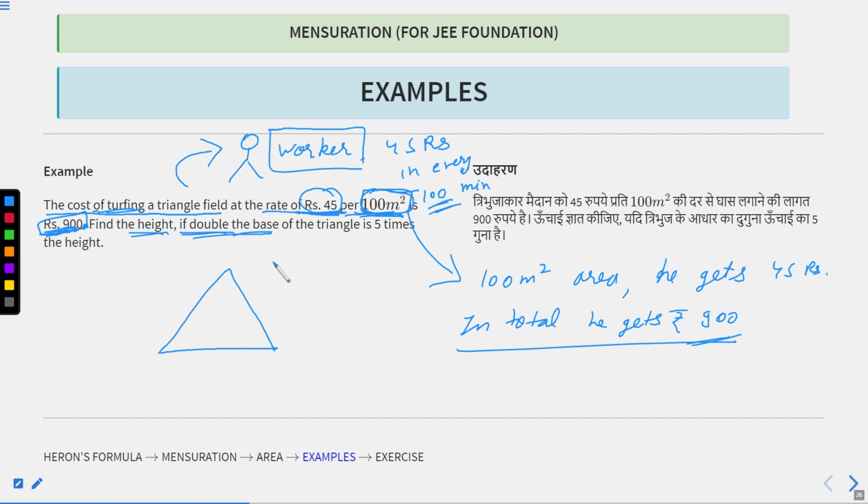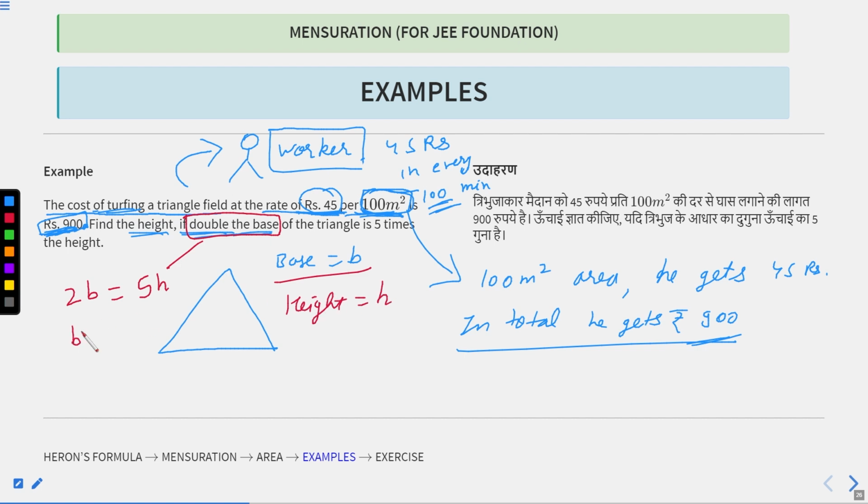So suppose the base is equal to b, and if we double the base, that means 2b. Doubling the base of the triangle is 5 times the height. I am taking the height as h.